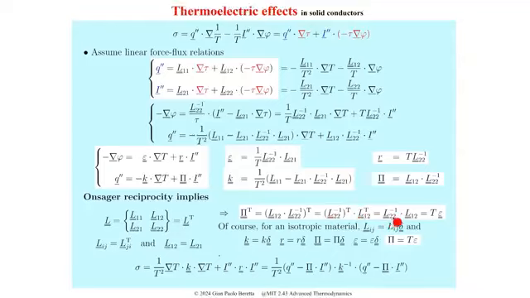So the T goes away, and here comes something that is contained in Seebeck, except the temperature. So essentially you find that the transpose of Peltier is equal to the temperature times Seebeck. And of course, if the material is isotropic, these tensors simplify to simple scalars multiplied by the identity tensor, which is a matrix with all ones on the diagonal and zeros outside. And so the Onsager reciprocity implies that the Peltier coefficient is equal to temperature times the Seebeck coefficient.